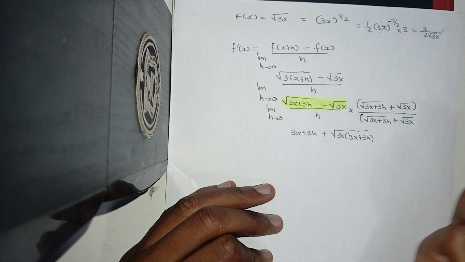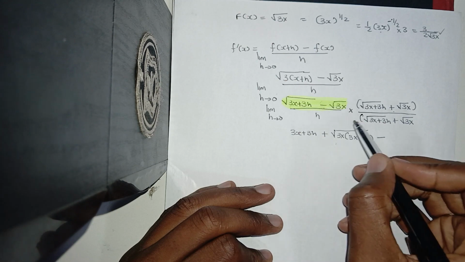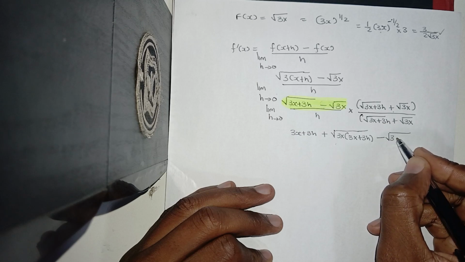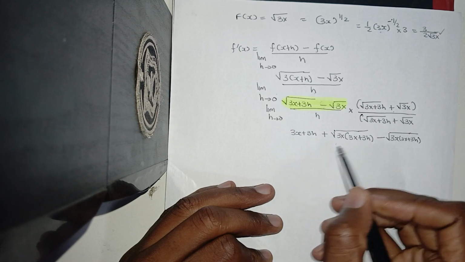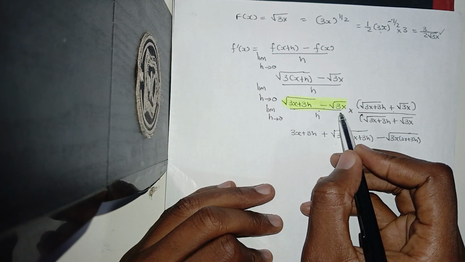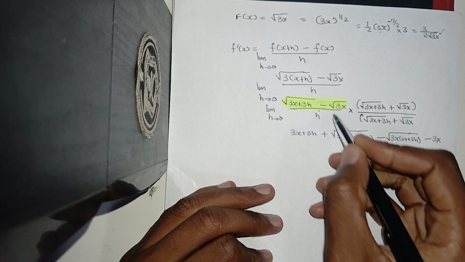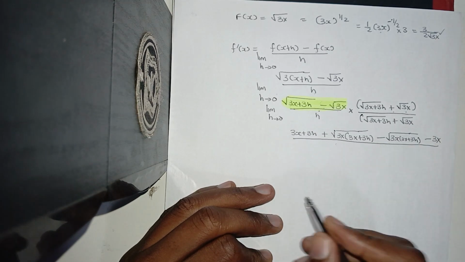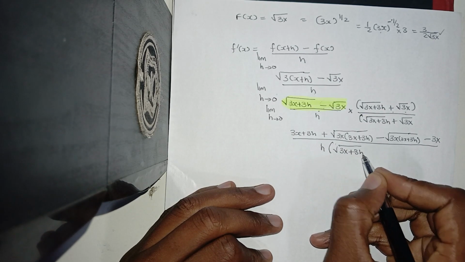Then negative root of 3x multiplied by positive root of 3x is just negative 3x, which cancels the square root. Now it's divided by h multiplied by root of 3x plus 3h plus root of 3x.